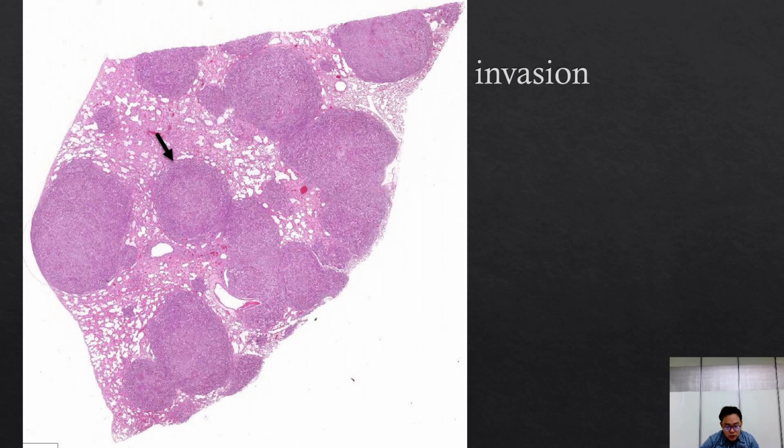And then the natural architecture of the body is going to determine where those cells go next. So for example, a tumor in the gastrointestinal tract might go to the liver, because if it gets into the vasculature, it all goes to the liver first. So the liver is a common site of metastasis, and the lungs as well.